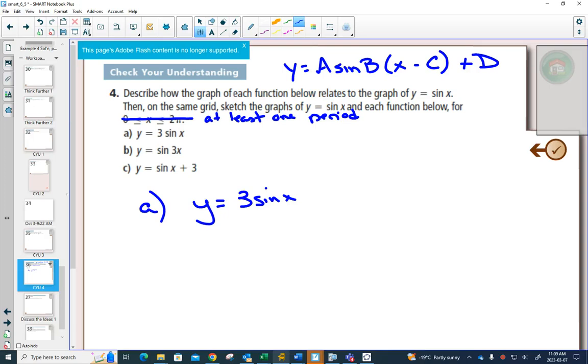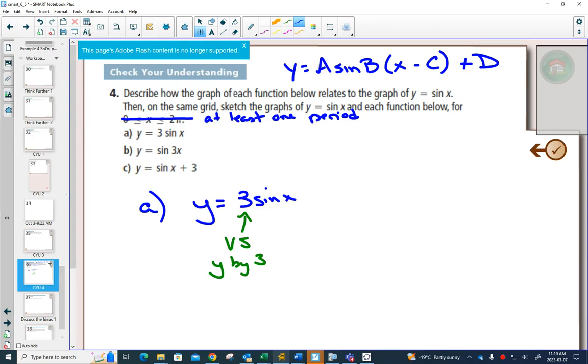So this 3, we know that this is a vertical stretch. You multiply your y values by 3, but as part of the shortcut that we noticed in the example before, that 3 affects your amplitude.